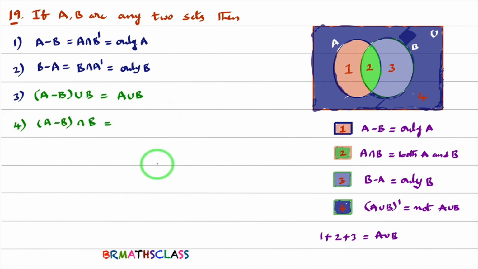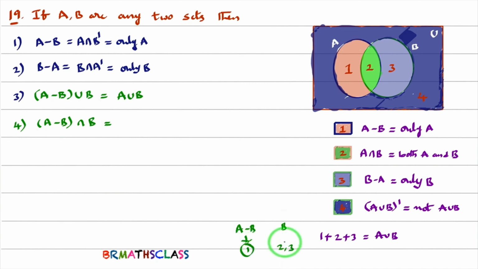Fourth property: A minus B intersection B. A minus B means this part 1. Set B means 2 plus 3. What is common to A minus B and B? A minus B means part 1, set B means part 2, part 3.